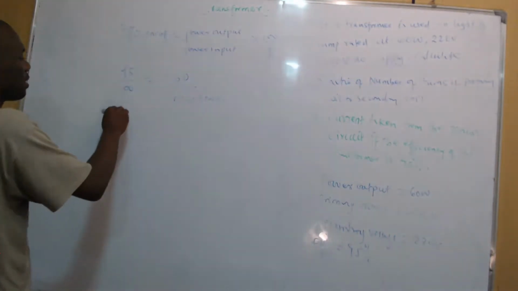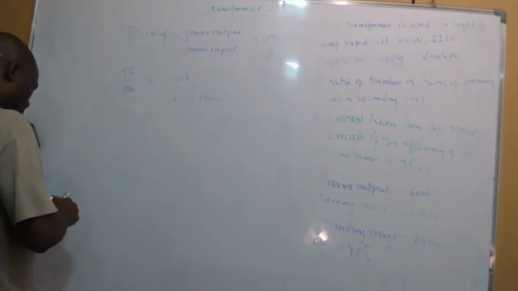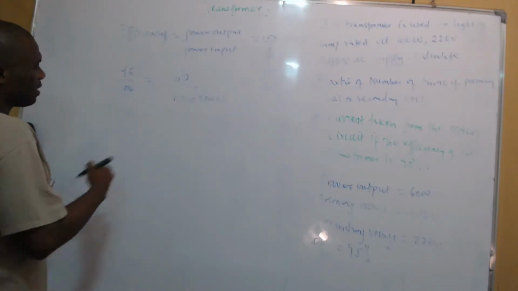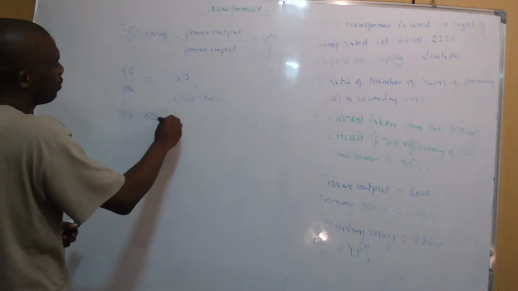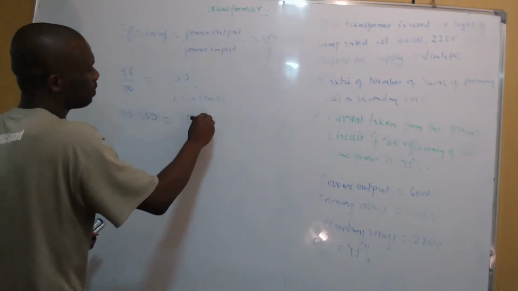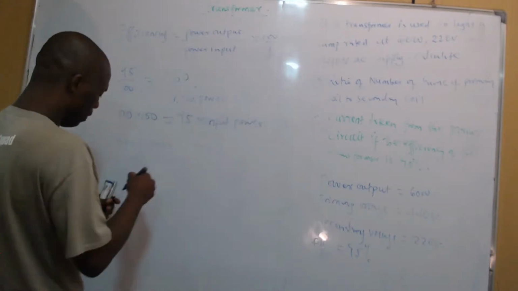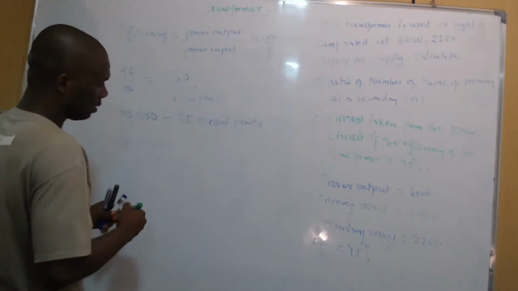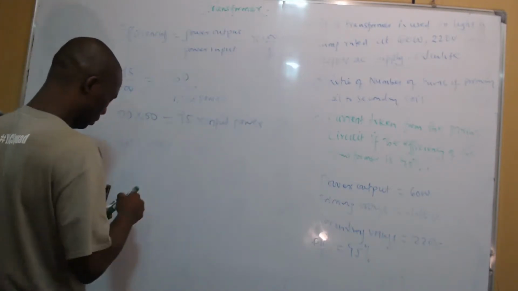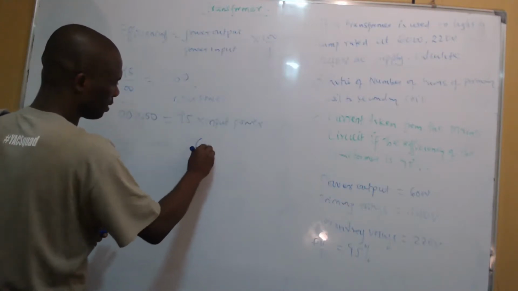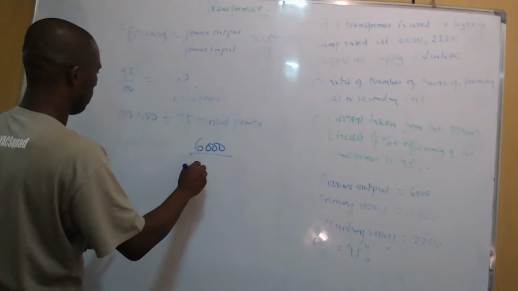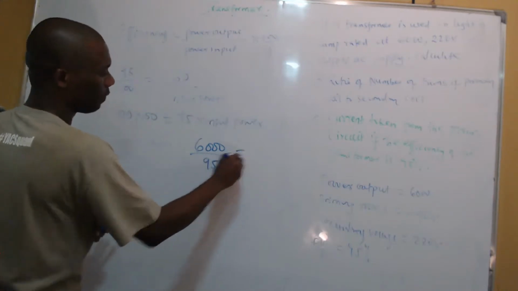We say 60 times 100 is equal to 95 times input, so input is 6,000 all over 95.